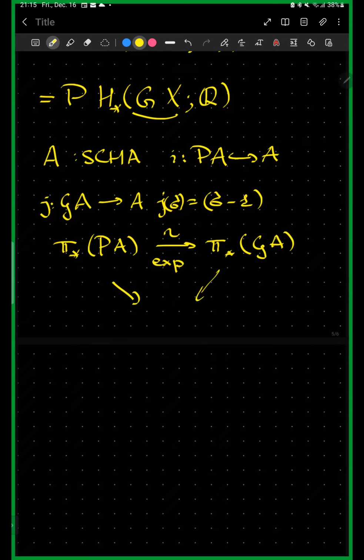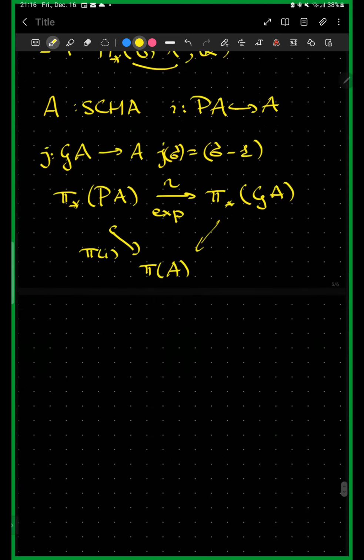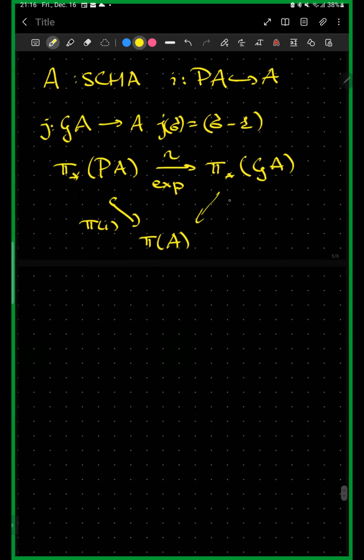And we have an inclusion here into homotopy groups of the whole simplicial complete Hopf algebra, and a map which, since this was an isomorphism, is also an inclusion from homotopy groups of group-like elements into homotopy groups of A.